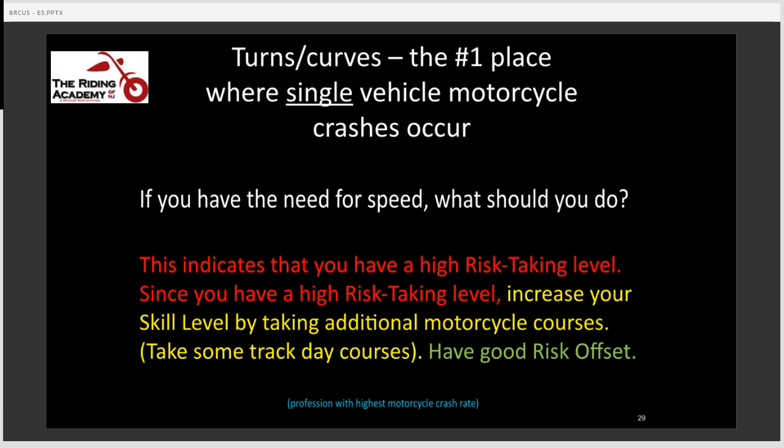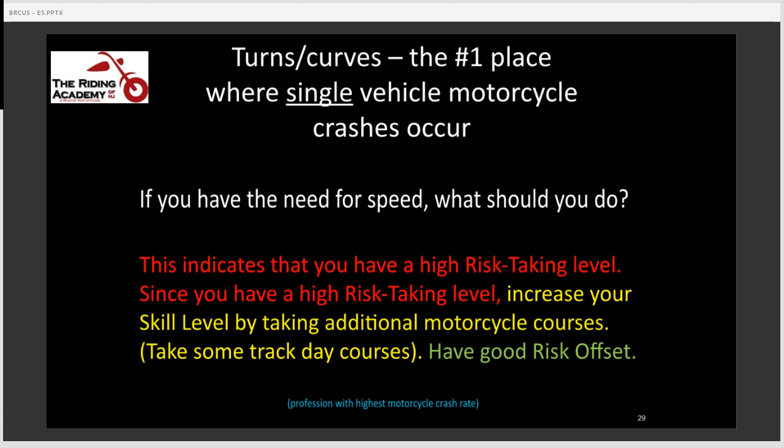And now, if you are in the military and you want to ride a motorcycle, the military mandates that you take a motorcycle course every year or every 2 years, because they know, if you're in the military, you've got a high risk-taking level. It's just the way it is. You've got that adrenaline rush.